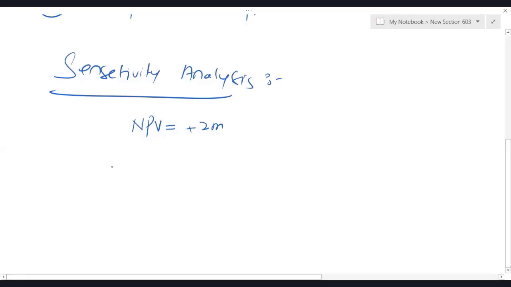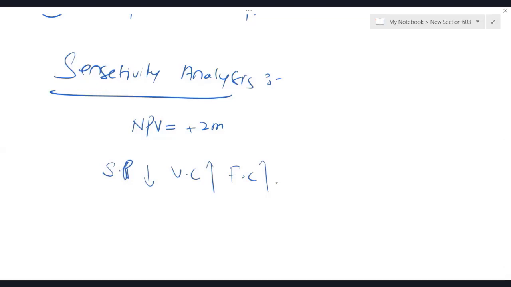For example, how much reduction in the selling price will make NPV zero? How much increase in the variable cost will make NPV zero? How much increase in fixed cost will make NPV zero? Because all these are adverse changes. Reduction in the selling price is an adverse change. Increase in variable cost is an adverse change.